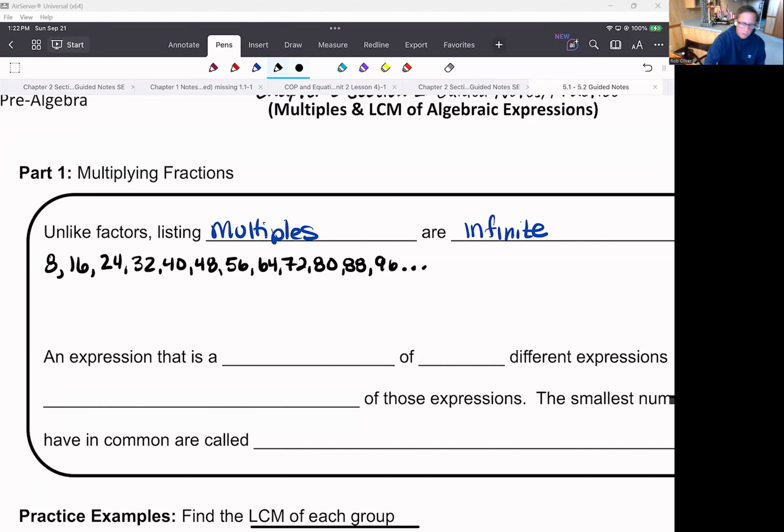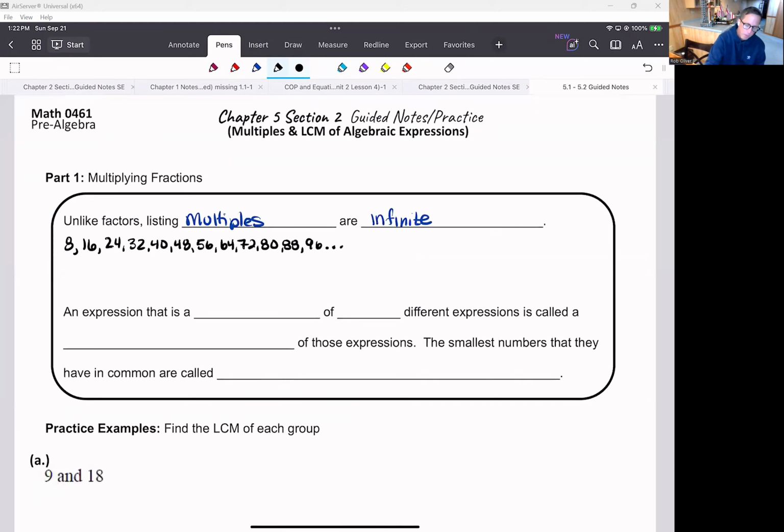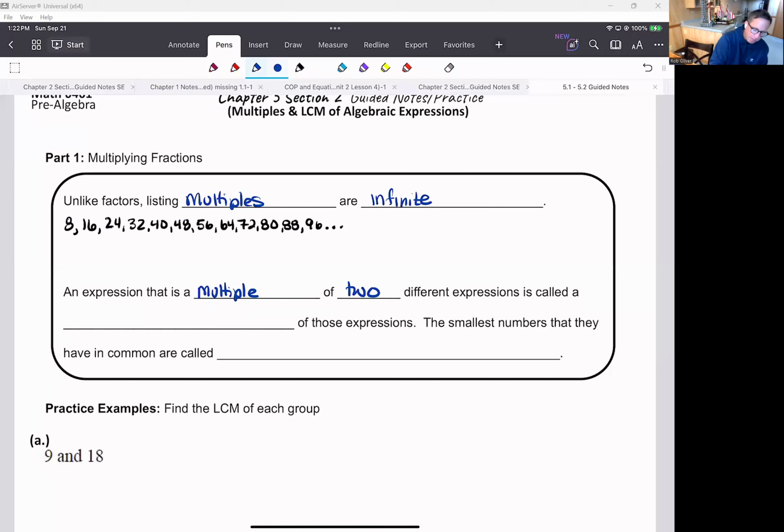So an expression that is a multiple of two different expressions is called a common multiple of those expressions. The smallest numbers that they have in common, that's what we're really going to focus on here.